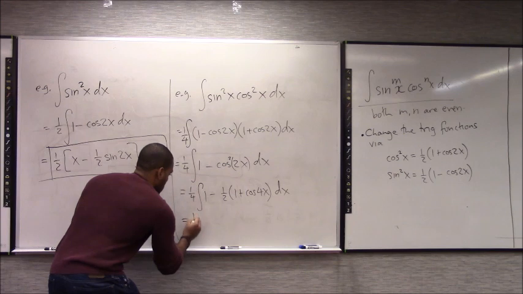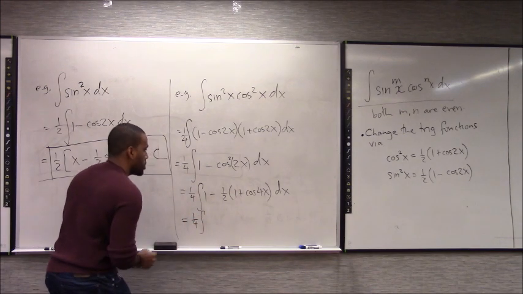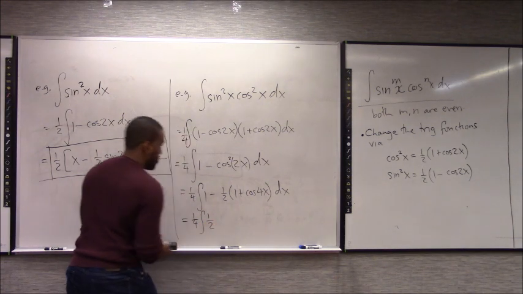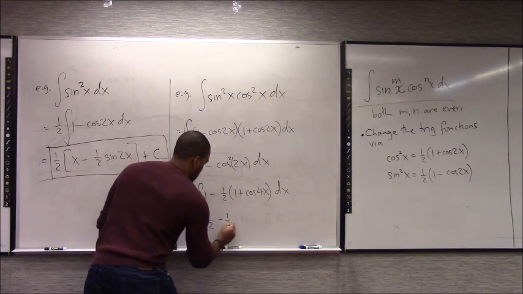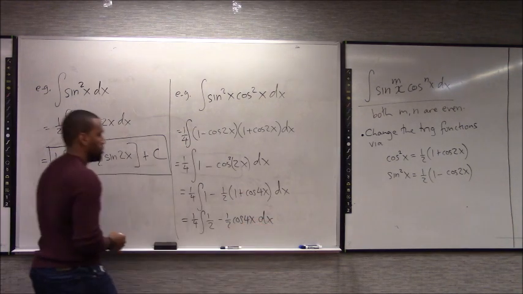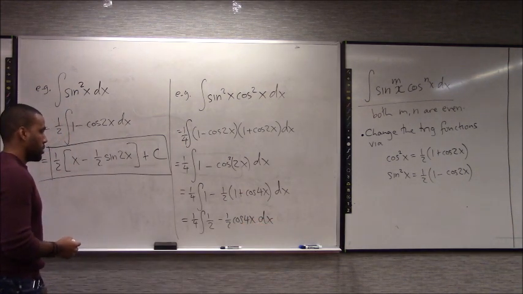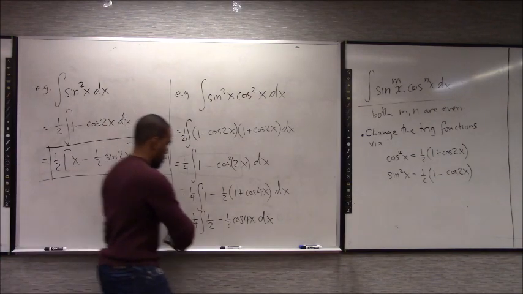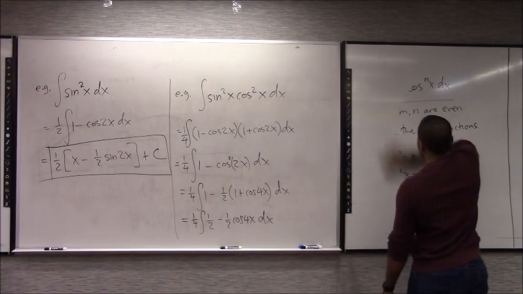So this is going to be 1/4 times 1 minus 1/2, it's 1/2. You could factor out 1/2 if you wanted to. And we can integrate each of those.